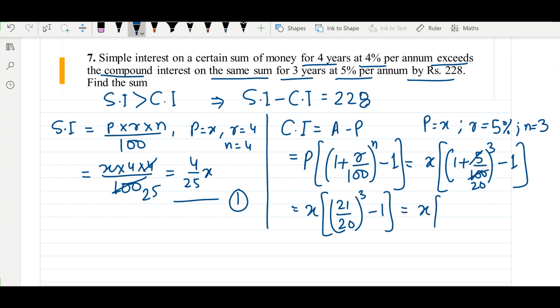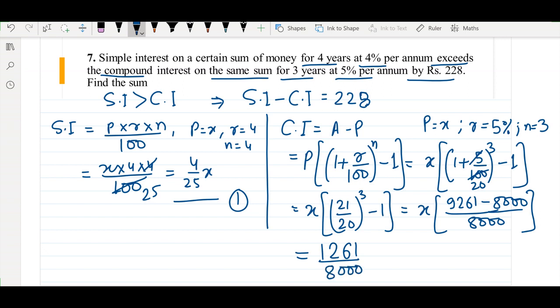That is 9261 minus 8000, because 20 cube is 8000, upon 8000. So 1261 upon 8000 x. Let it be equation number 2.